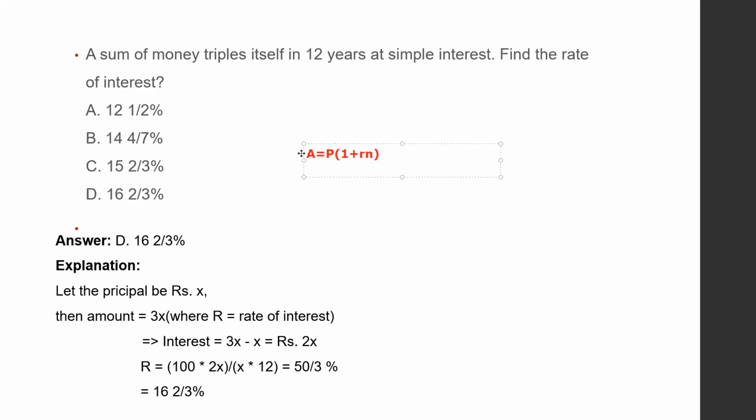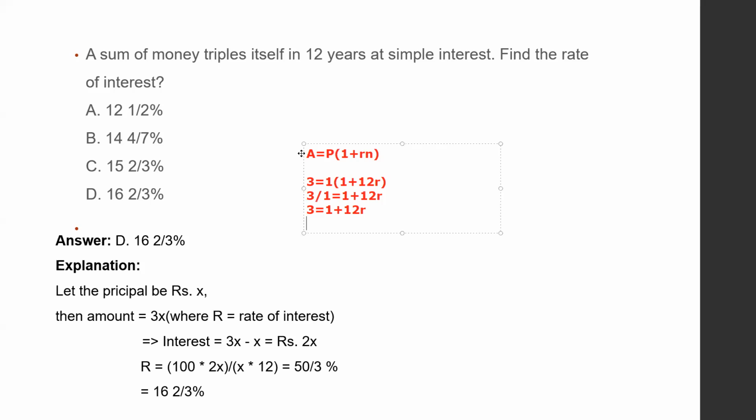So here I have used 3 equals 1 into (1 plus 12R), because R is unknown. So 3 equals 1 plus 12R.